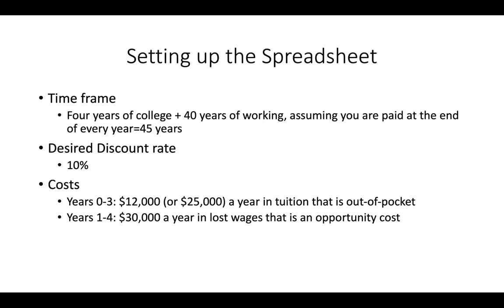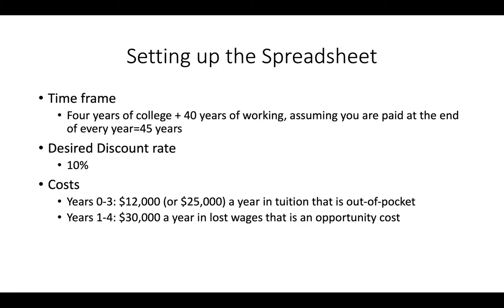Now, the next cost is really not a direct cost, because in years 1 to 4, so at the end of year 0, which is essentially the end of year 0 is December 31st, or the end of the academic year, the very next day would be the beginning of year 1. So that $30,000, you could also schedule it at the end of year 0 or at the beginning of year 1, because there's only 1 day difference.